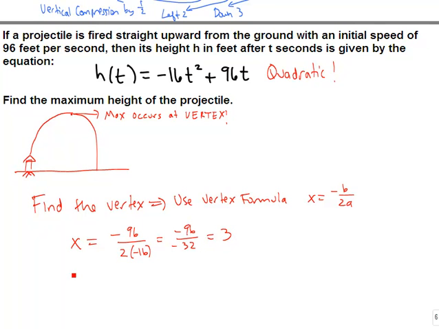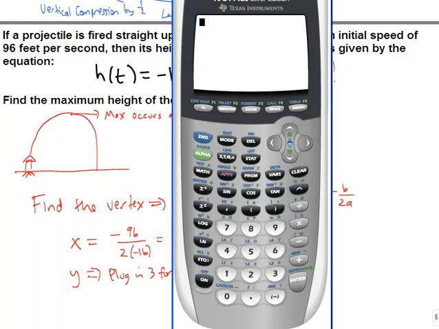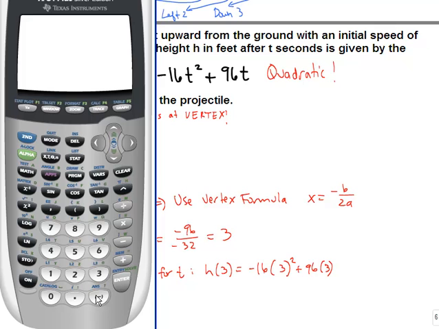To find the y value of your vertex, you plug in 3, and in this case, we're not really dealing with x's and y's, we're actually dealing with t's and h's, so we're going to plug in 3 for t. So h of 3 is going to be negative 16 times 3 squared, plus 96 times 3, and if we punch that into our calculator, we get 144.